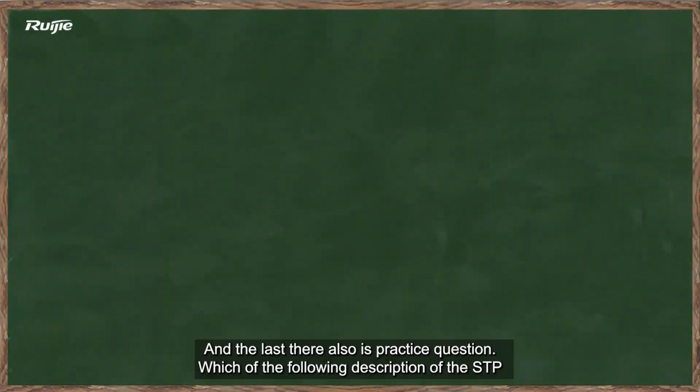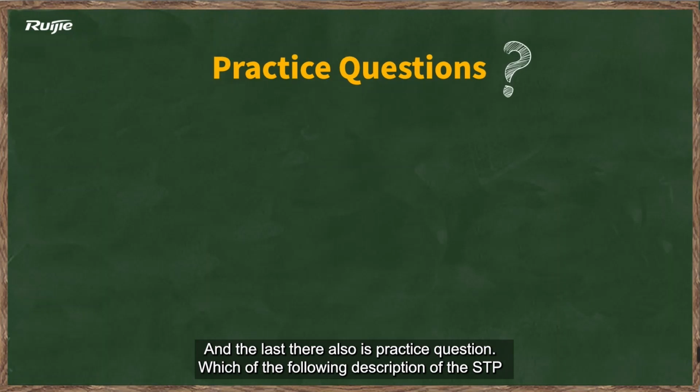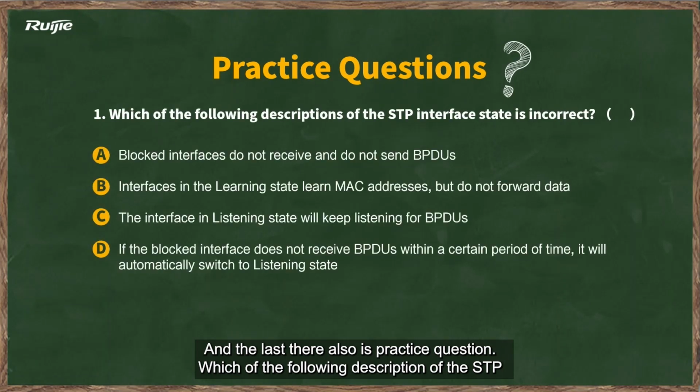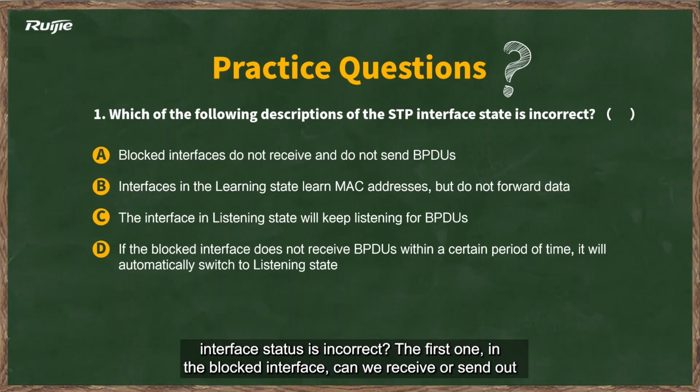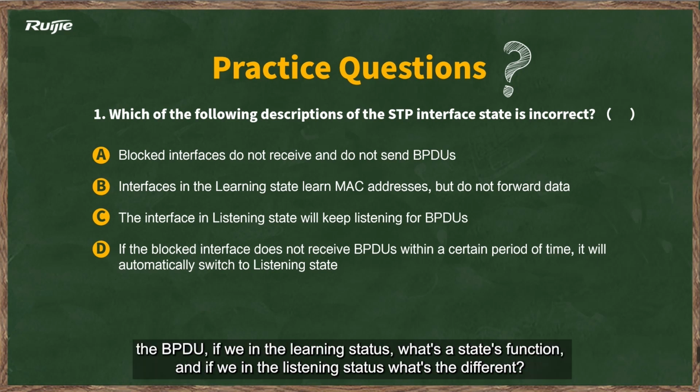And last, there is also a practice question. Which of the following descriptions of the STP interface status is incorrect? The first one, in the blocking interface, can we receive or send out the BPDU? If we are in the learning status, what's the status?